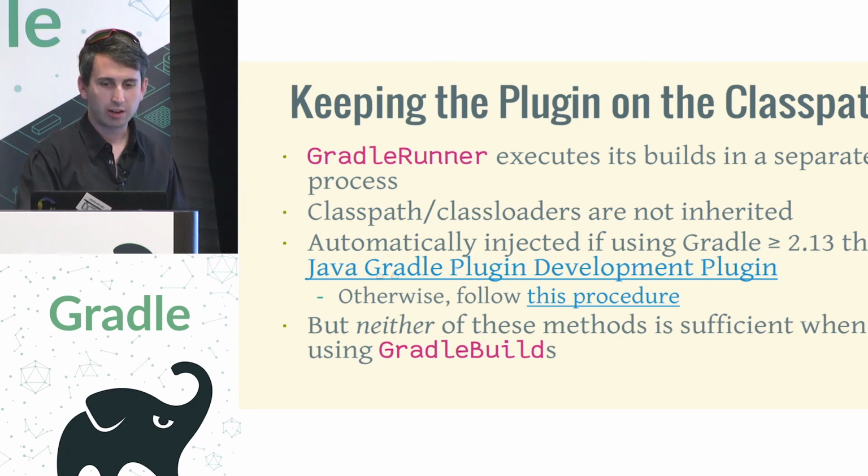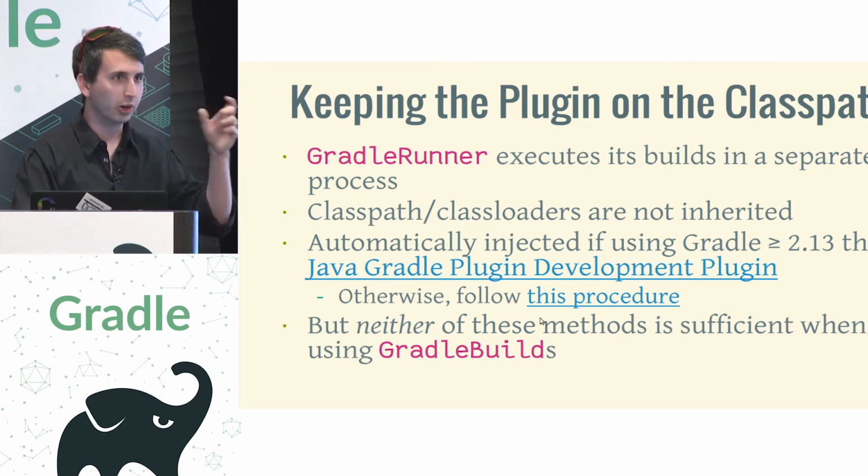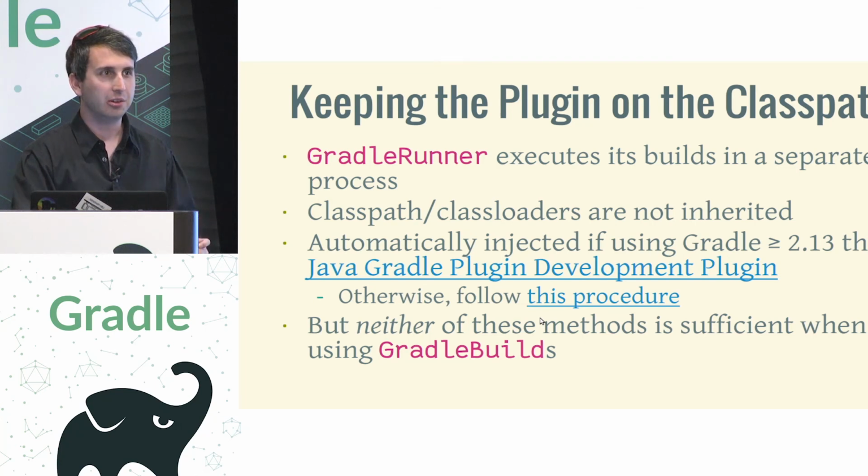Apparently, if you're using this Java Gradle plugin development plugin, it will do some of that injection for you. Otherwise, there's this procedure that they have documented. Neither of those was sufficient when I was using this recursive GradleBuild task, because as far as I can tell, it doesn't create its own process, but it also doesn't seem to inherit the class path of the class loader.